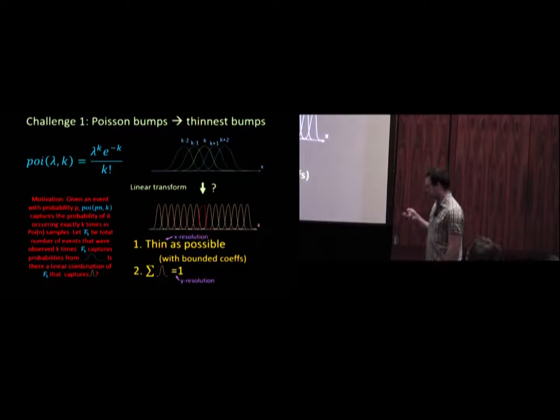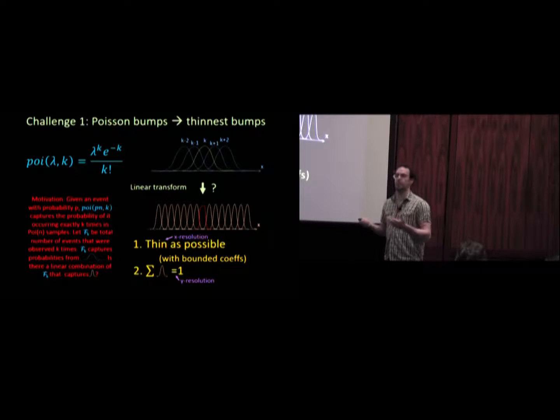Okay, so again, we're trying to take these fat bumps, find a linear combination of them to get thin bumps with these two properties, where getting these outputs as thin as possible corresponds to getting good X resolution on the statistical property that we ultimately want to test. Meanwhile, the fact that these bumps sum to 1 corresponds to not screwing up how many of each kind of species there are.